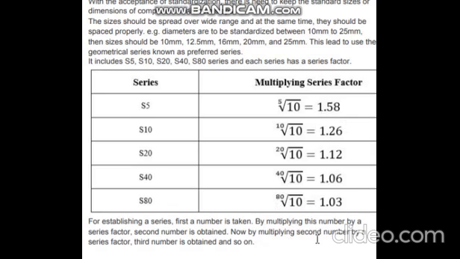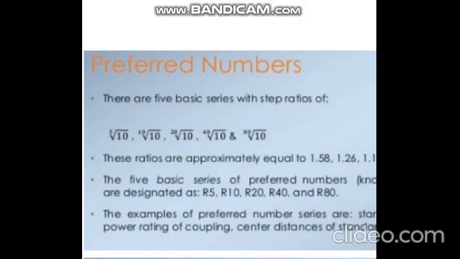Now multiply the second number, 1.58, by the series factor, 1.58 for the R5 series. Then you will get the third one. Okay. Now the third number is obtained, and so on. Like that the series is obtained.